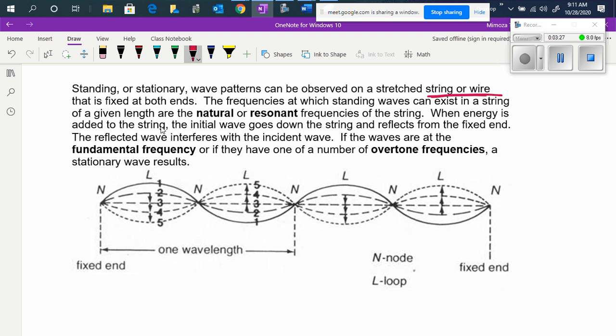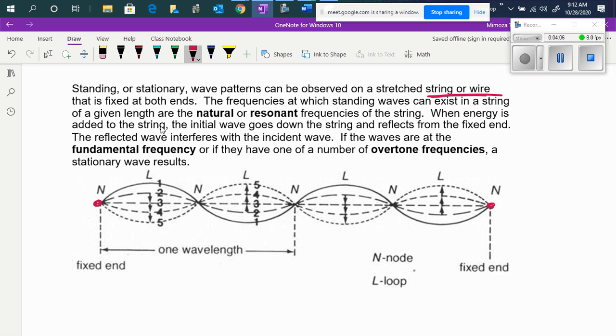The frequency at which the standing wave can exist in the string is given by the natural length of the string. When you create a vibration in a string with both ends fixed, the string will move as you see it here.